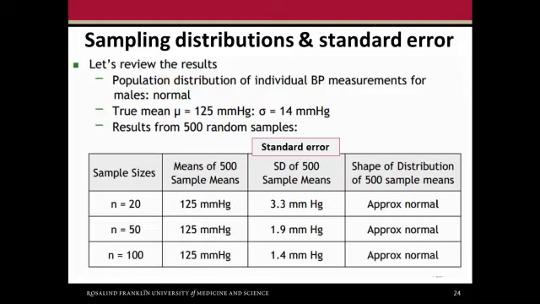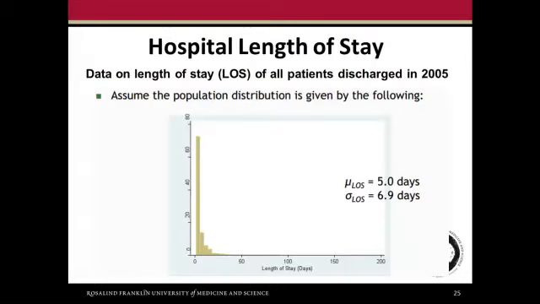The means were all the same, but you can see that the standard deviation of the sample means, or the standard error, gets smaller and smaller as our sample sizes increase. And all of those distributions look normal.